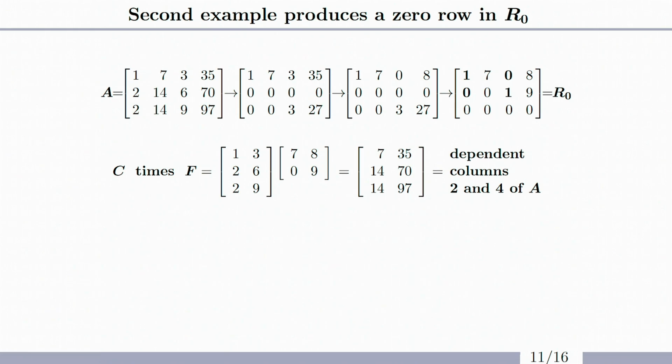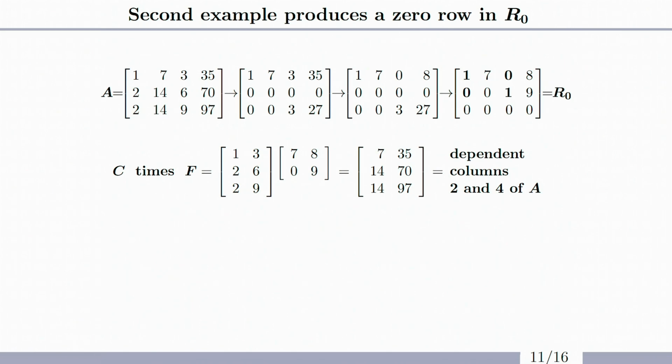Here it got zeros very quickly, because the second row of that matrix, 2, 14, 6, 70, is just twice the first row. So when I subtract 2 times the first row from the second row, I get that 0 row. So I'm now 1 step along with a row of zeros. That's great.